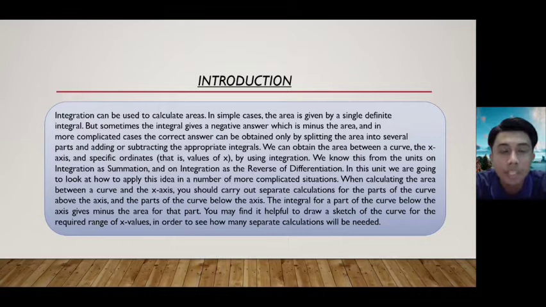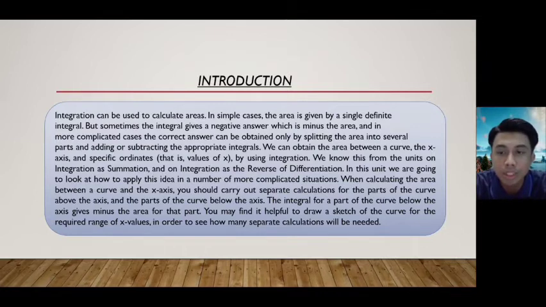And in more complicated cases, the correct answer can be obtained only by splitting the area into several parts and adding or subtracting the appropriate integrals. We can obtain the area between a curve, the x-axis and specific ordinates, that is values of x, by using integration. We know this from the unit on integration as summation and integration as the reverse of differentiation.